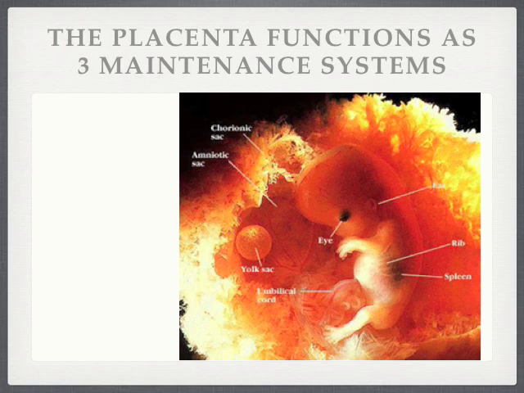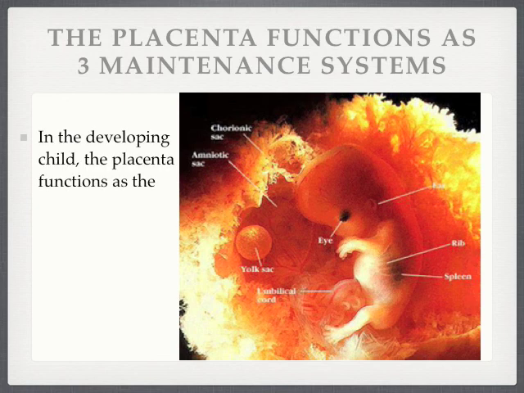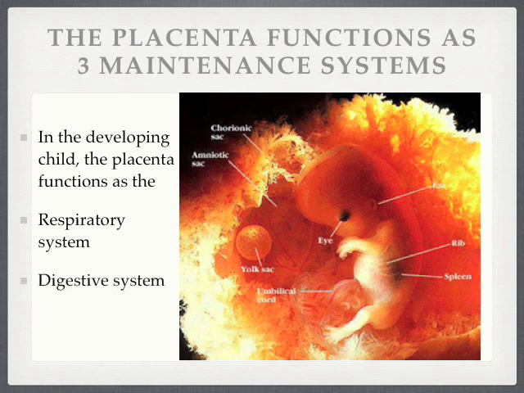Just before we do, though, think, now what is the placenta to the child then? In the developing child, the placenta functions as the respiratory system, the digestive system, and the urinary system. Like those three systems, it is the entrances and the exits from the child's body.